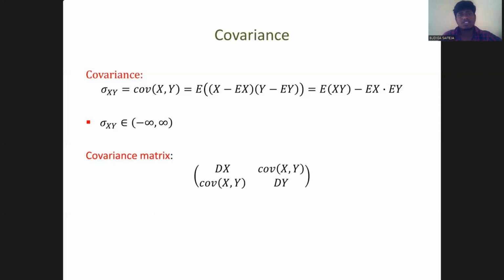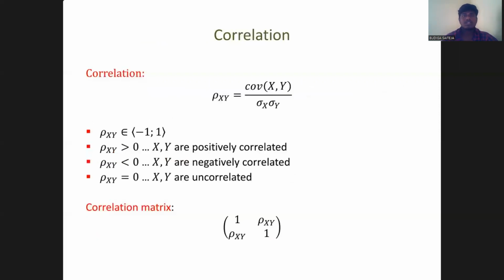Here is the covariance formula, and also finding the covariance matrix. So the few more topics are the covariance matrix and the correlation. Rho of x comma y equals covariance of x comma y divided by sigma of x times sigma of y. Then we are finding the correlation matrix.